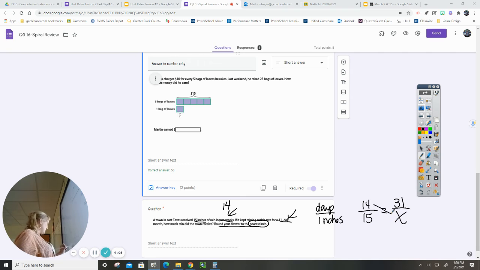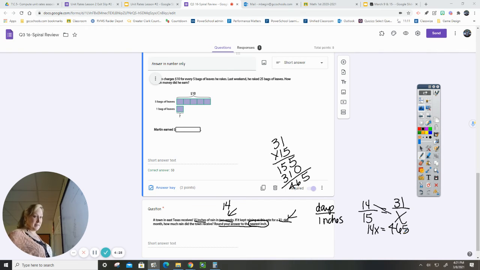Okay. Cross multiply, 14x equals, go off to the side, 31 times 15 is 465.